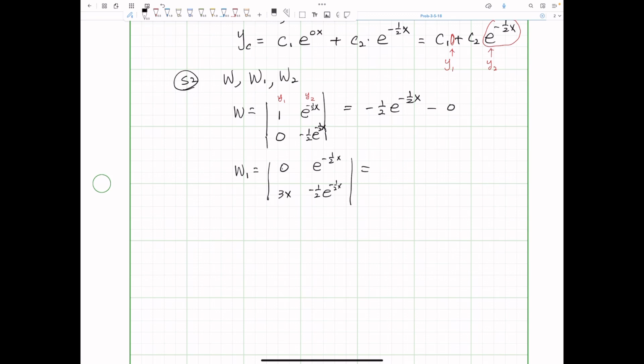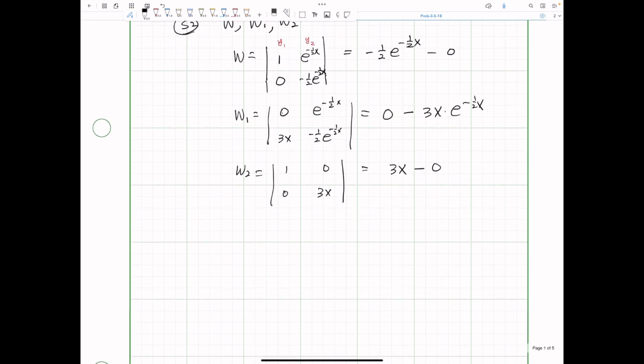And then AD minus BC. For W2, you're going to keep the first column. The second column is going to be 0 and 3x. AD minus BC. Step number 3.